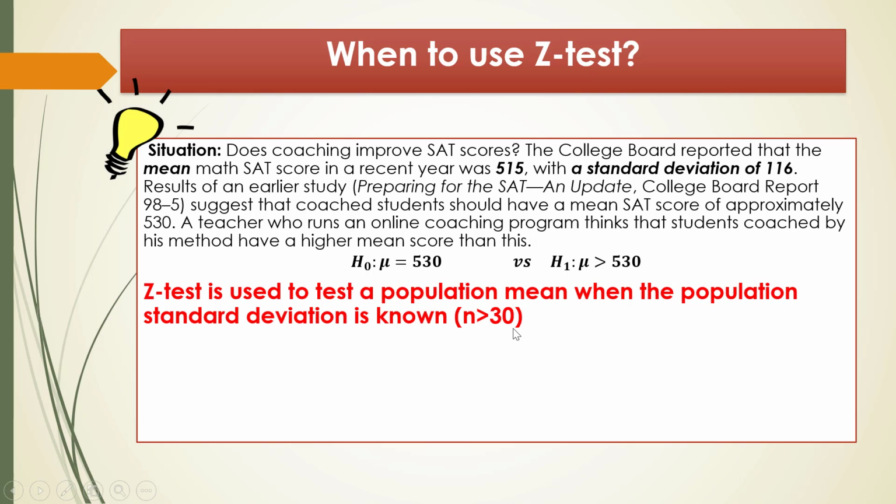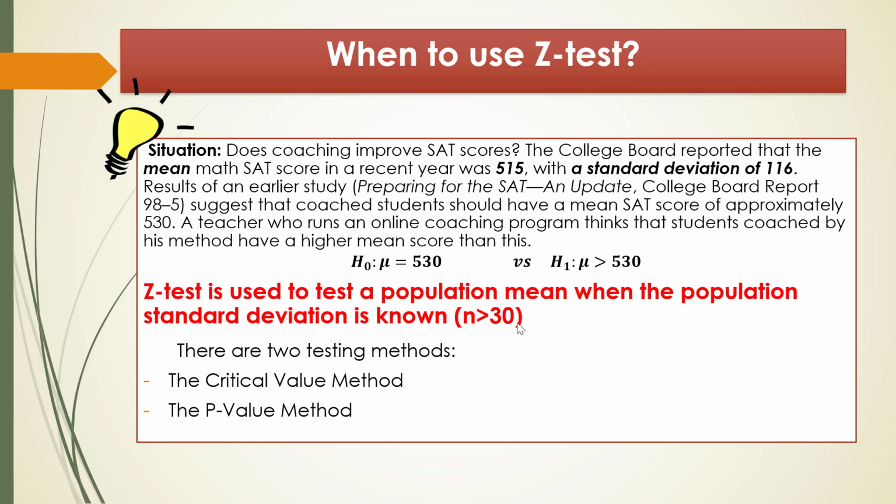Remember, if the sample size is at least 30, the sample mean will follow normal distribution approximately. So sample size at least 30 is one assumption to use the z-test. And to perform a z-test, we have two testing methods: the critical value method and the p-value method.